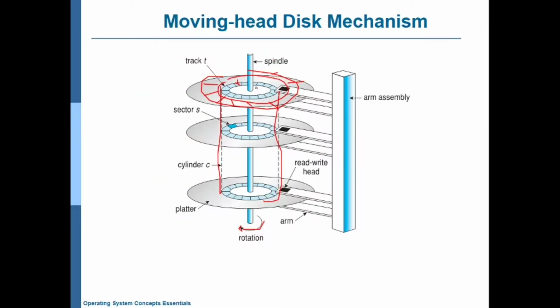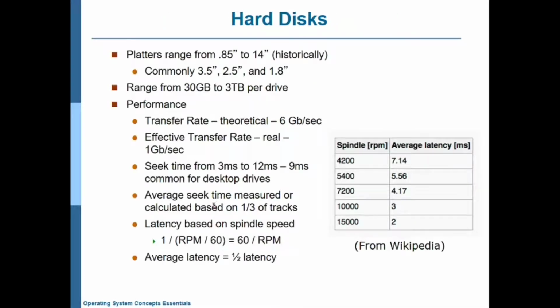You can see here this is what we call a platter. Commonly we have standard platter sizes of 3.5 inches, 2.5 inches and 1.5 inches, and capacity ranges from 30 GB to 3 terabytes per drive.